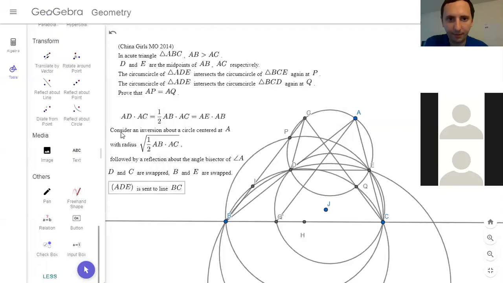And the circumcircle of BCE is sent to BC.